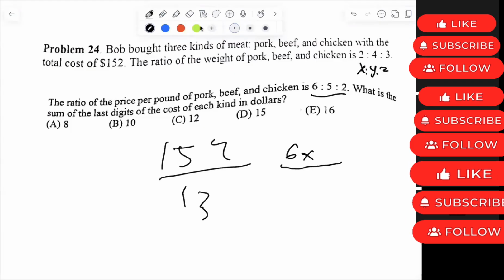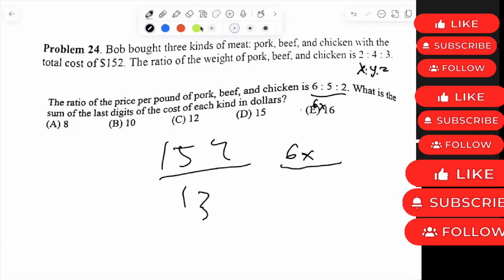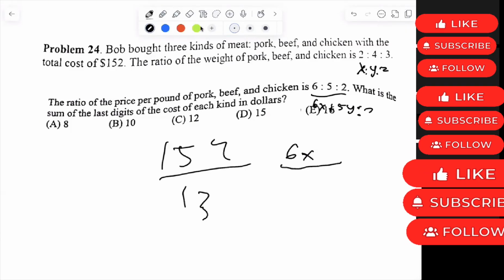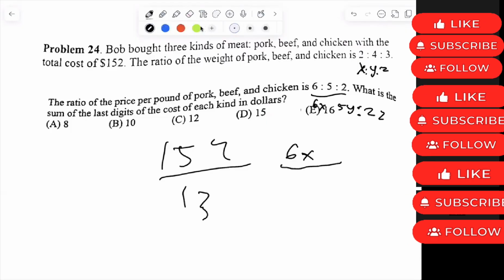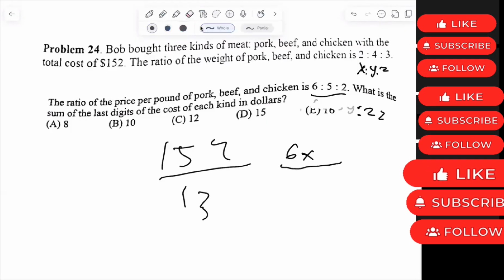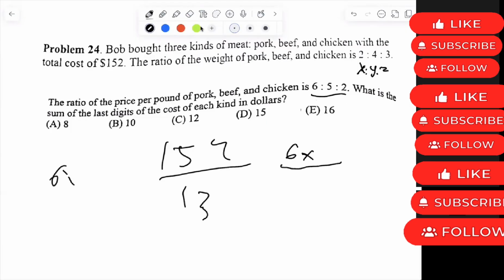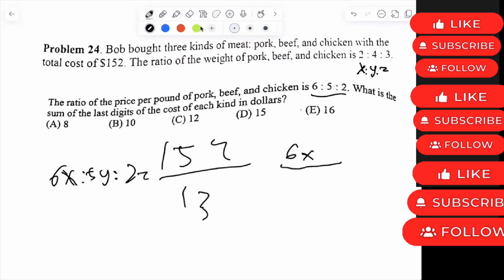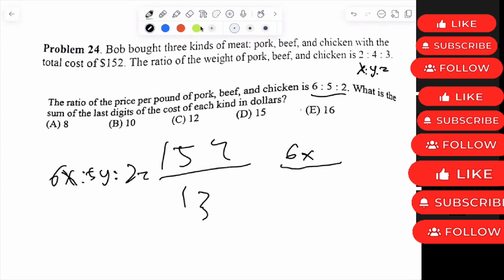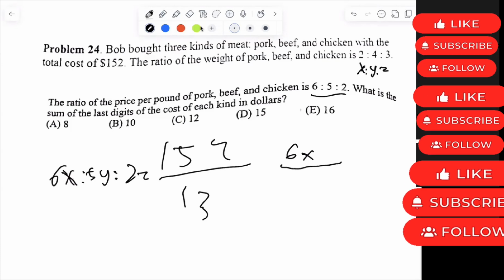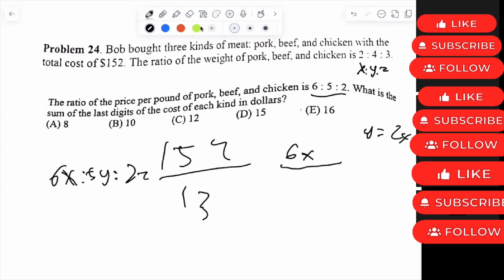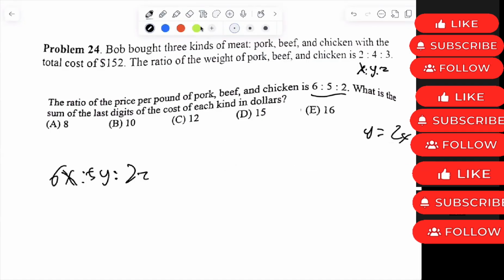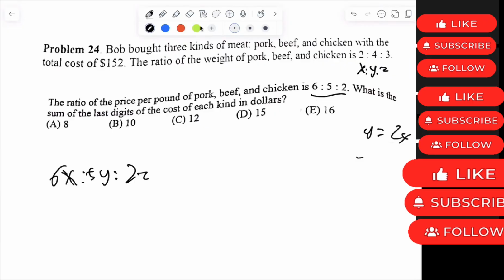Oh yeah, also the ratio of the price is just going to be 6x, 5y, and 2z. Oops, not plus. Ratio. Let me make it clearer. And then from 1, we get y equals 2x. Oops. And then z is equal to 3 halves of x.